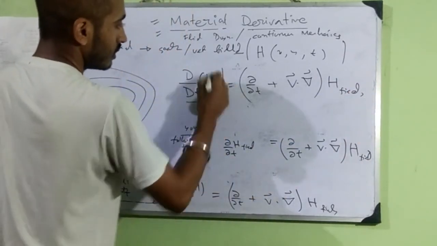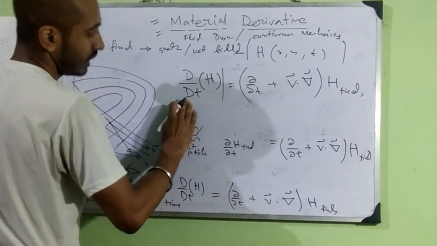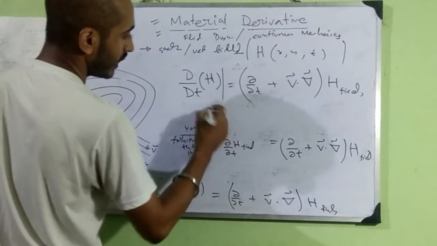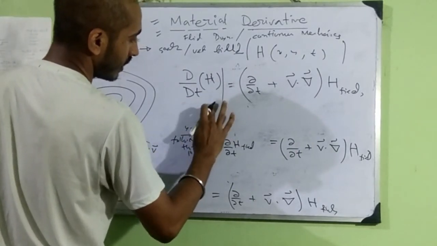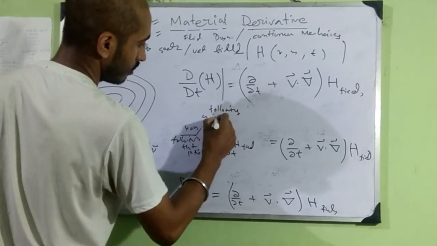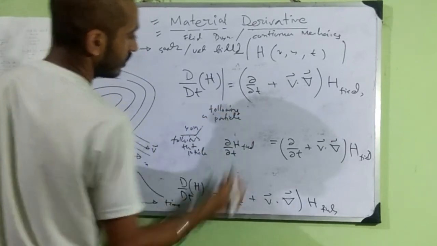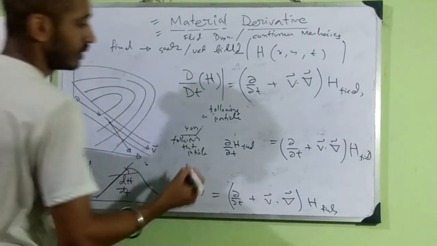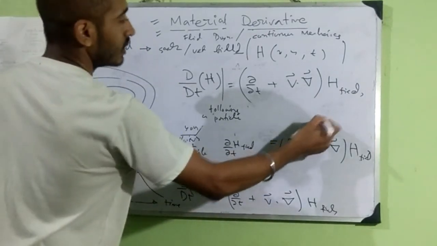Here it is the change of heat following a particular particle. This gives the material derivative.